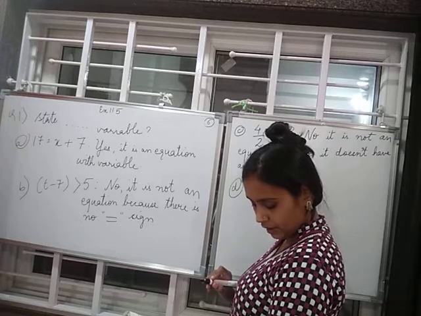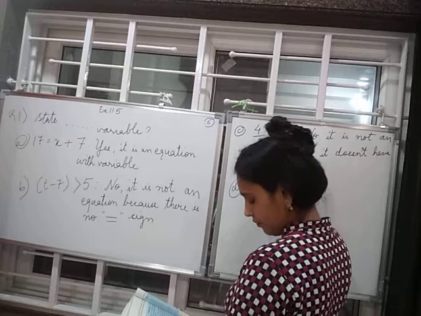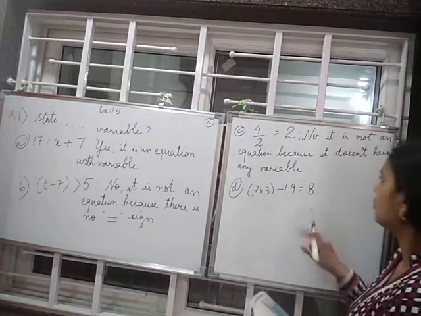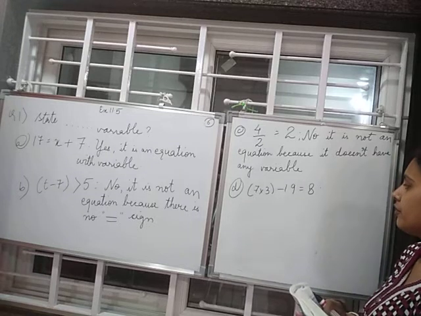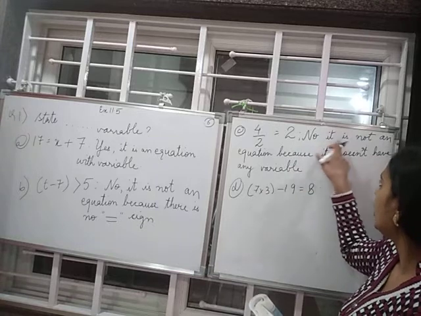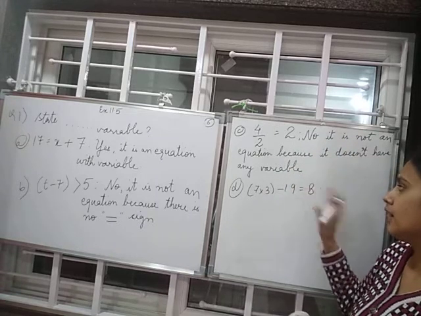Then we go to D. So, is it having any variable? No. So again, what do we write? We write the same thing. No, it is not an equation because it does not have any variable.